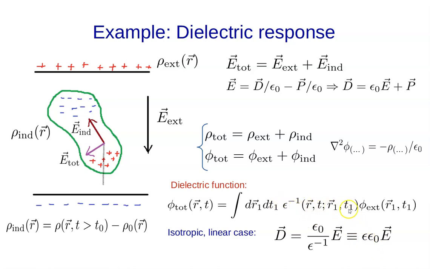You might call it relative permittivity if you want, okay? But this is what I'm talking about. Here I'm allowing it to depend both on time and on position. So this is what I want to calculate: the response from this external perturbation and how it affects the total potential.